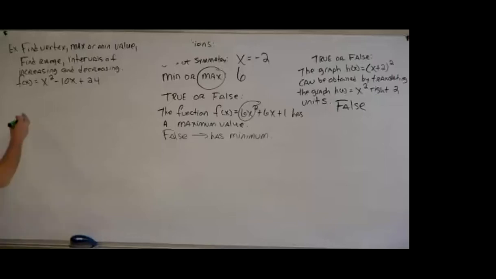So first, let's find the vertex. So I'm going to find the x value and then the y value, okay? So once again, x is negative b divided by 2a. So that's going to be a negative, b is a negative 10 sitting in the middle. And then it's 2 times my a, which is 1.